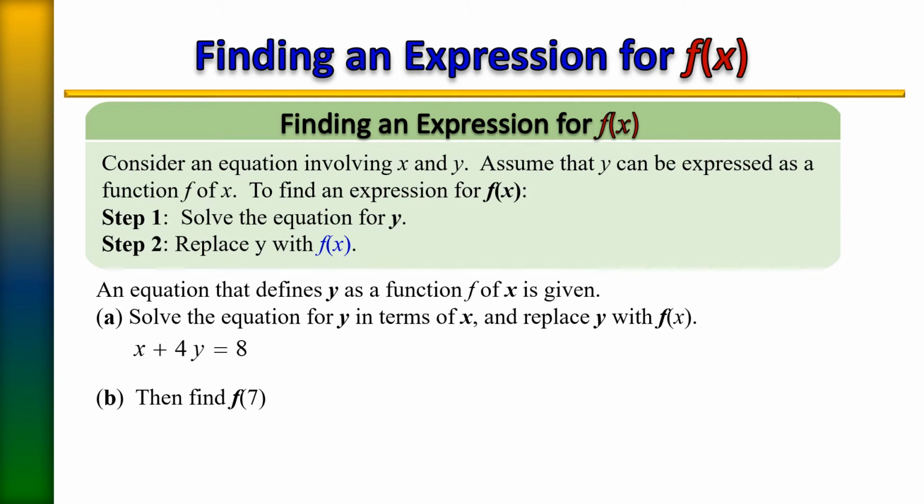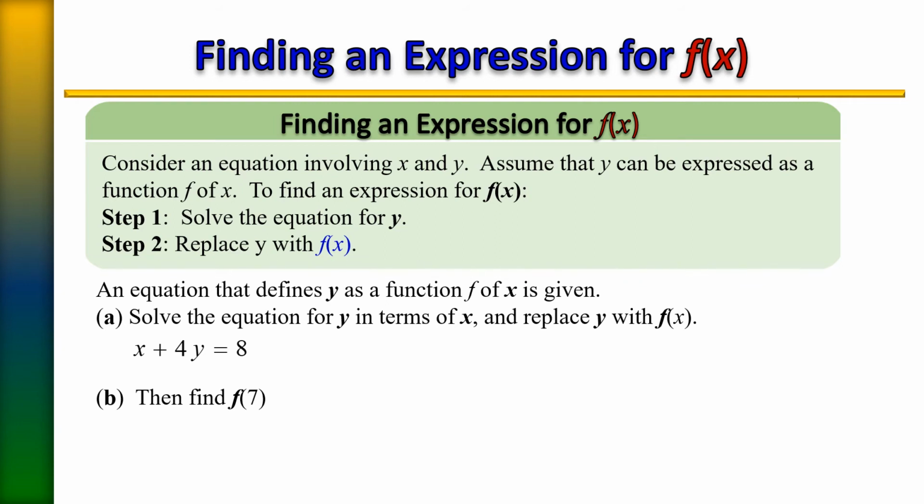That's step one. And then after we solve the equation for y, replace the y with the f of x notation. And then lastly, b, we're going to evaluate f of 7, meaning we're going to plug 7 into our function to see what our output would be.